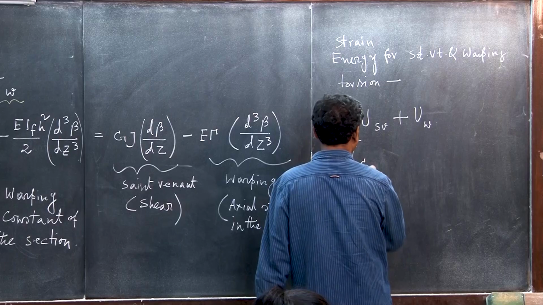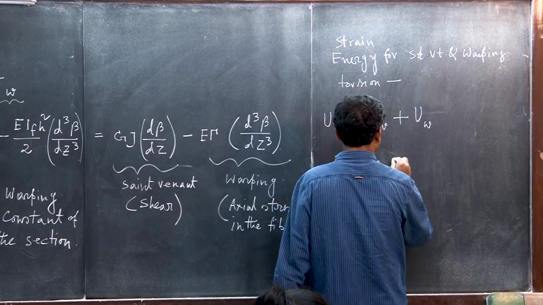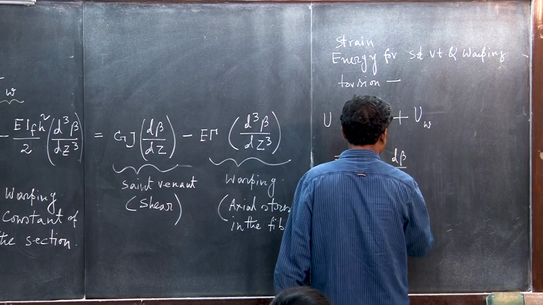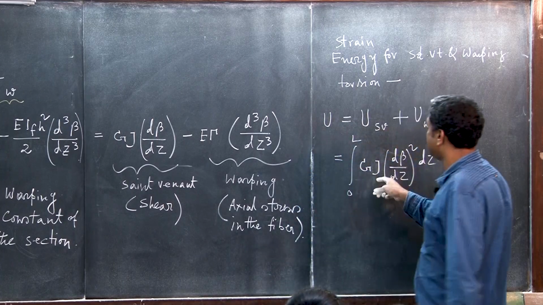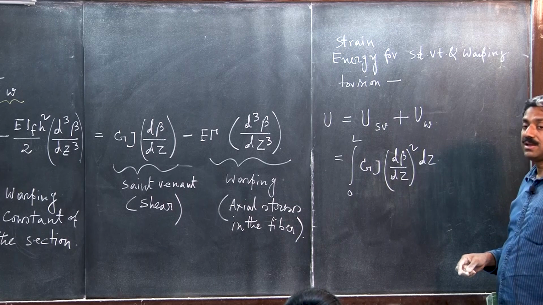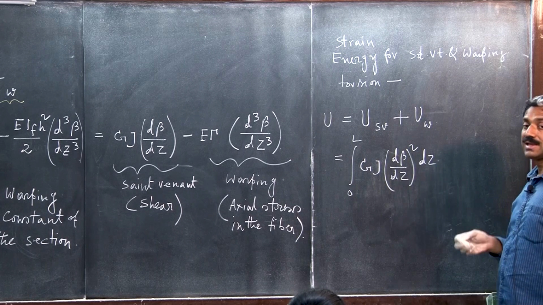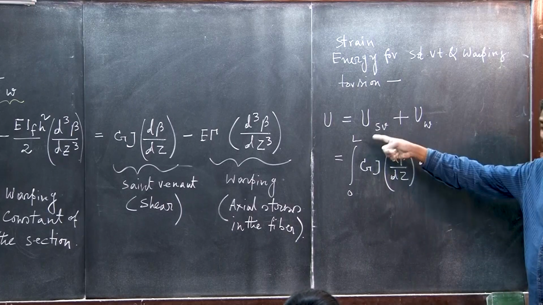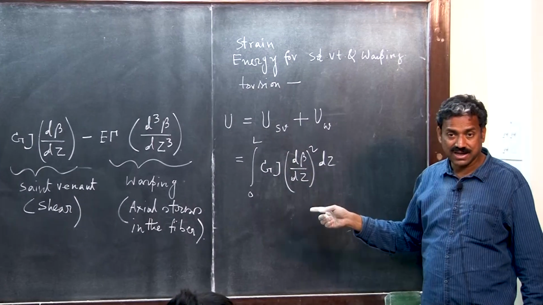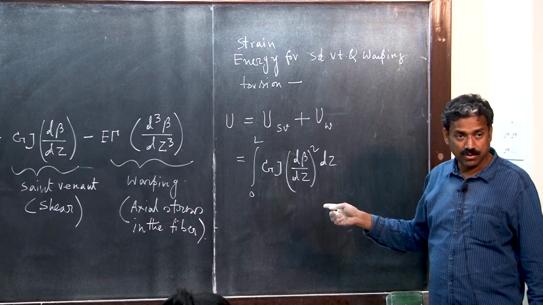What is strain energy? GJ (d beta/dz) squared dz, it is the same as the axially loaded bar, right, AE (du/dz) squared dz, right, that is you know how to derive this thing, I do not require to derive it, all of you know.